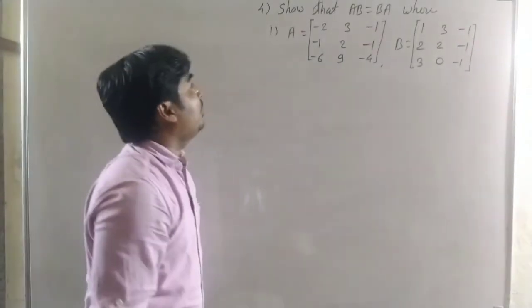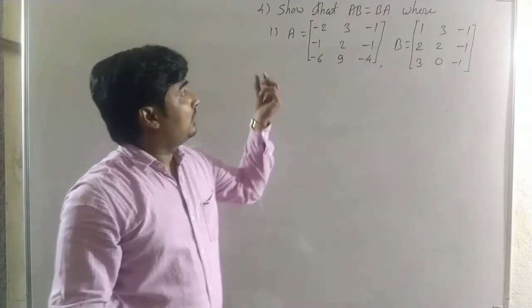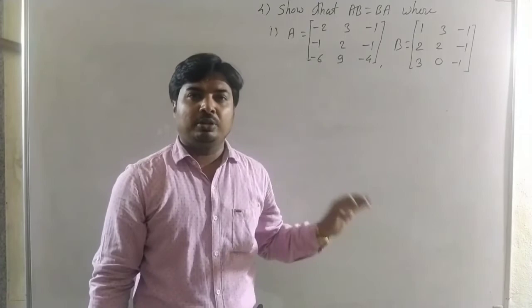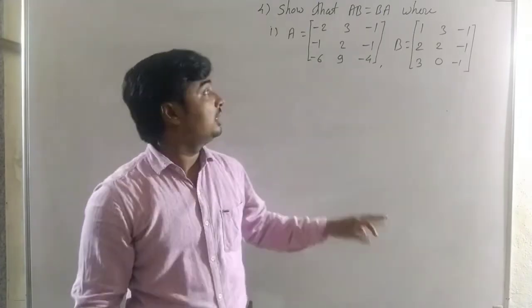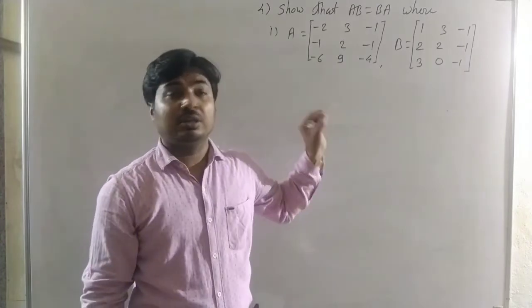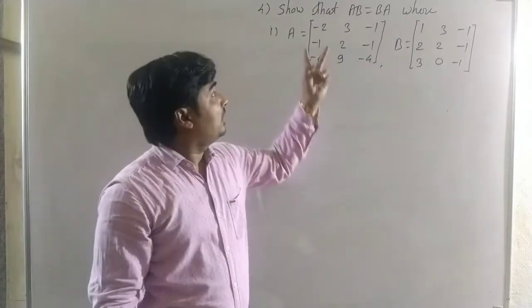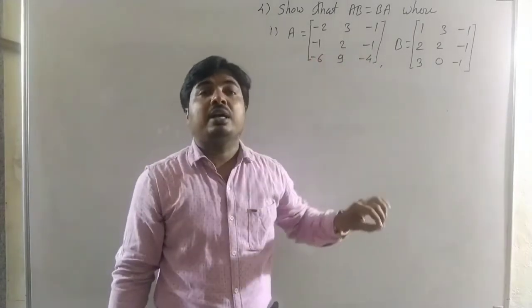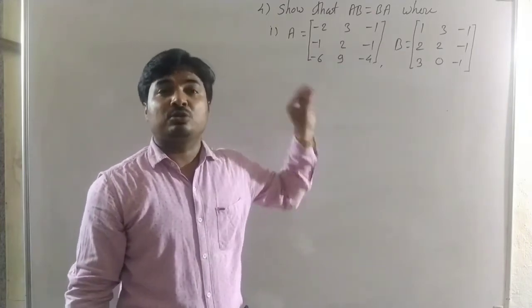Now we have to show A into B is equal to B into A. In matrix multiplication, A into B is not equal to B into A in general, but in this case A into B is equal to B into A. That means if the product A into B is equal to B into A is equal to the identity matrix, that is I, then these two matrices are the inverse of each other.